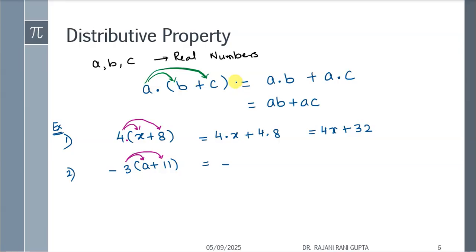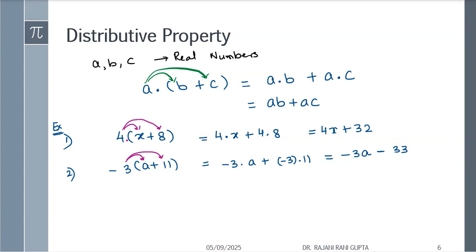So it will be minus 3 times a plus minus 3 times 11. So what will it be? 3 multiplied by a. There is only one negative sign, so minus 3a. 3 times 11 is 33. What will be the sign? Since it is plus and minus, this gives you minus. Okay, this will be your final answer.